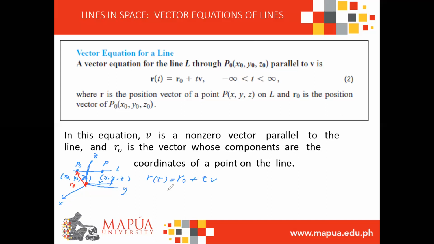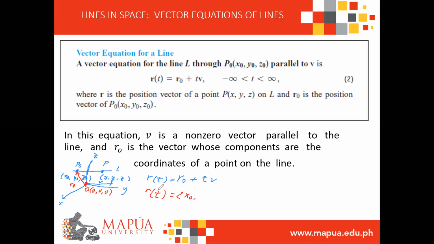When we now define the vector equation of your line L, r of t is r sub 0, which is also a position vector, obtained by getting the difference of these two points, P sub 0 and the origin. We know that the coordinates of the origin are 0, 0, 0. Therefore, the first component is x sub 0 minus 0, which is x sub 0.